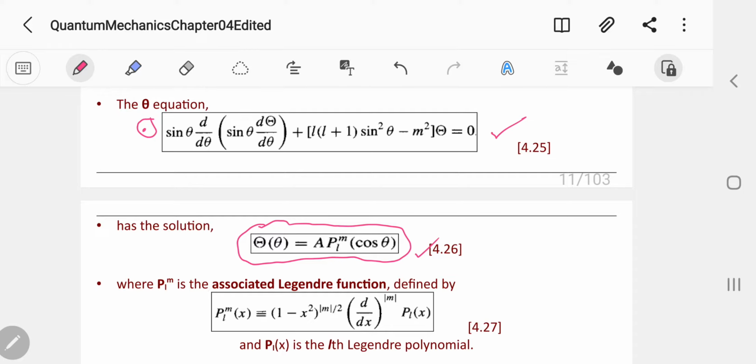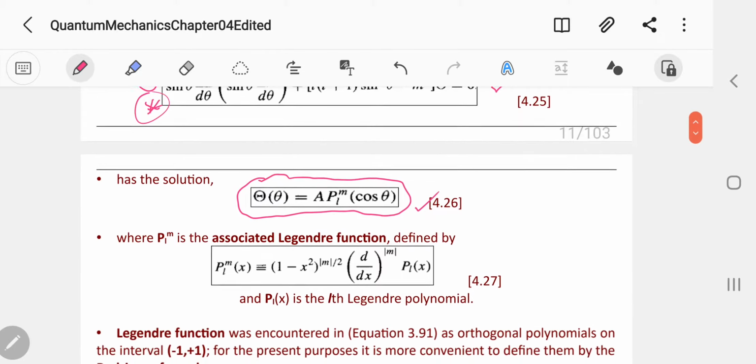You have actually done this in your electromagnetism in solving Laplace's equation, and you got the Legendre function. It's also the same solution for this differential equation here.